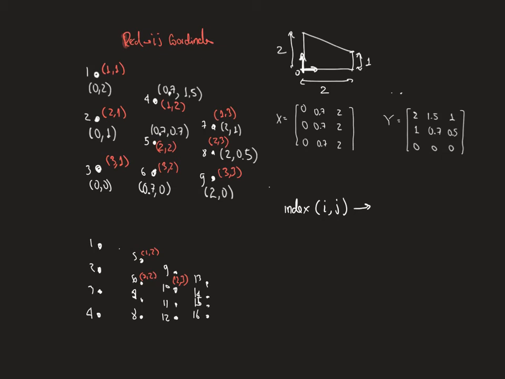So index 2 2, for this example, for the upper one, gives me 5. But if we are in the lower one, index 2 2 is going to give me 6.